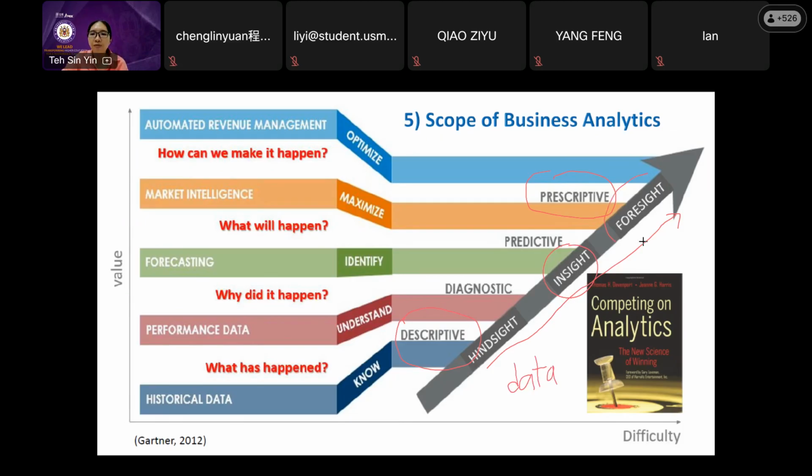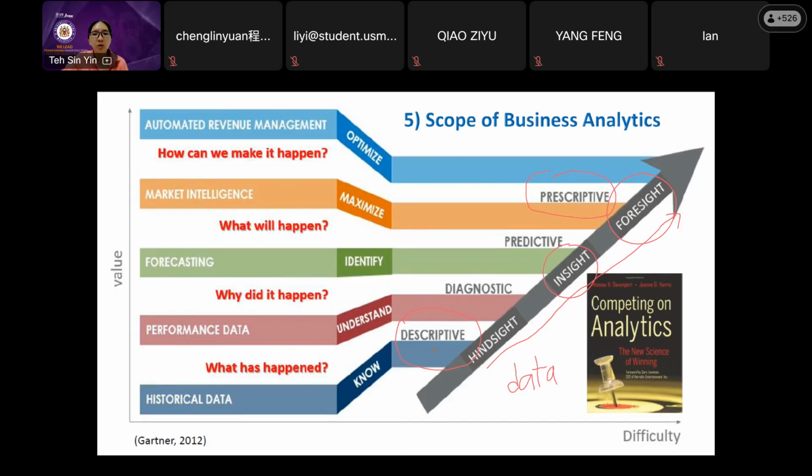And what about foresight? Foresight means you have the ability to predict the future, to predict what is going to happen. Imagine a witch or a wizard taking a crystal ball and trying to see what is going to happen in the future. So that is foresight.